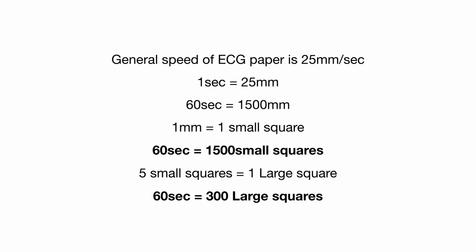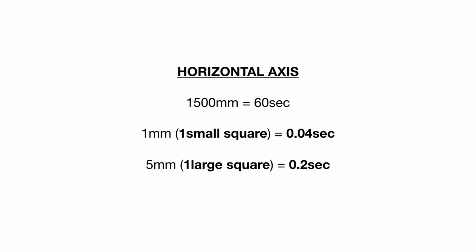That means in 60 seconds 1500 small squares are traveled. 5 small squares equal 1 large square. So in 60 seconds 300 large squares are traveled. If 1500 mm equals 60 seconds, 1 mm or 1 small square equals 0.04 seconds. 5 mm or 1 large square equals 0.2 seconds.